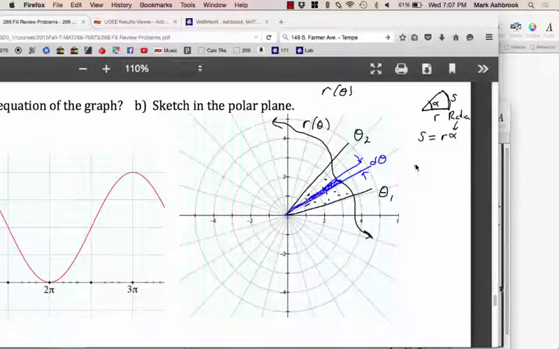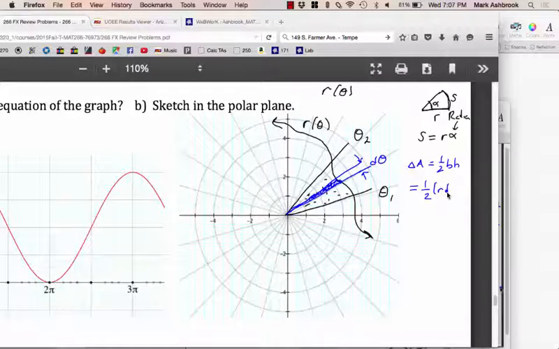A little bit of area is going to be 1/2 base times height. So what's the base? The base of our triangle is going to be this little bit of arc length right here. So what is that arc length? r d theta, right? The change in the angle is d theta, and we're a distance of r away. So that base right there is going to be r d theta.